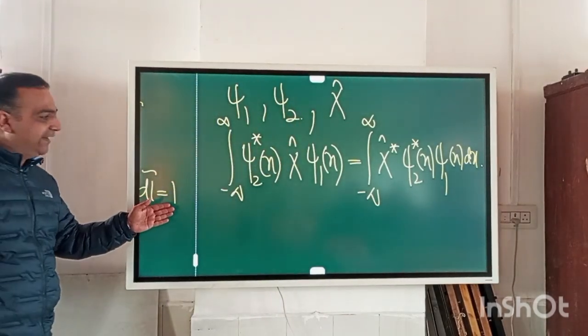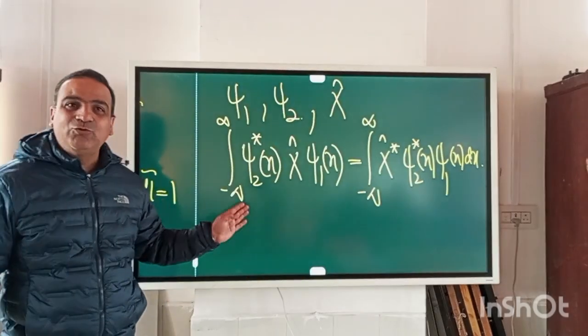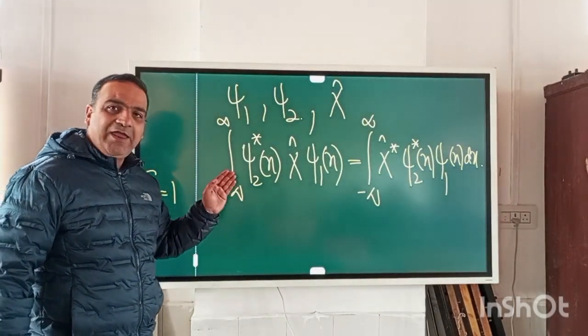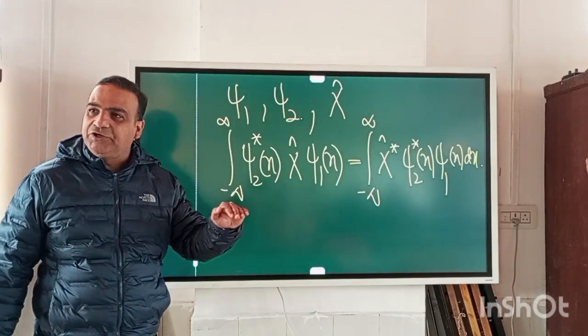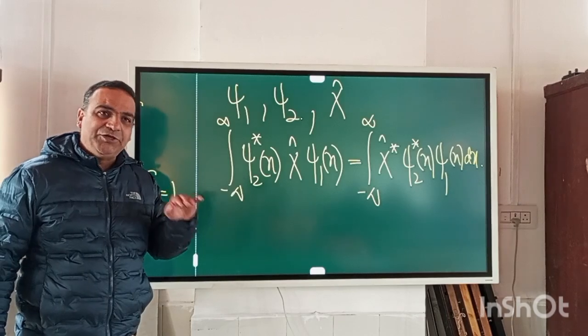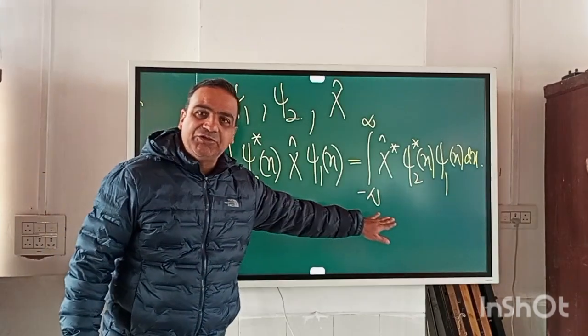Now what is important here is that you have two energy eigenfunctions, and to obtain the condition for them to be Hermitian, you will have to satisfy this condition.